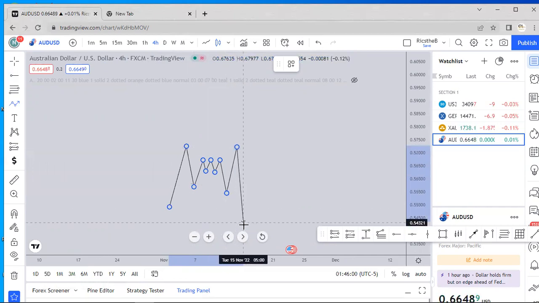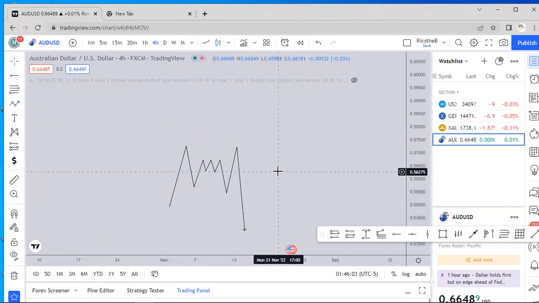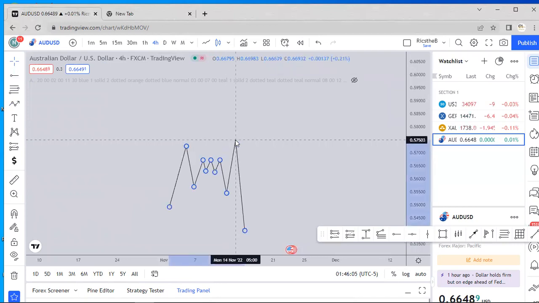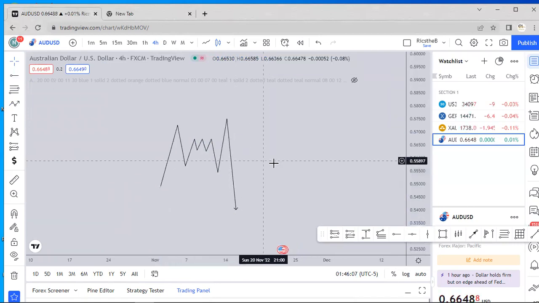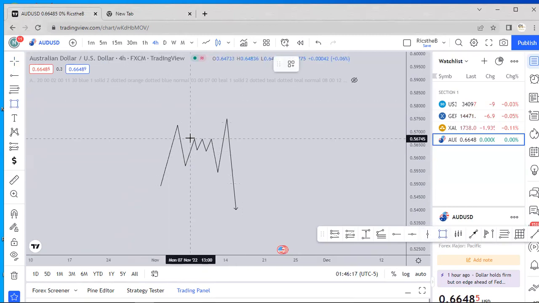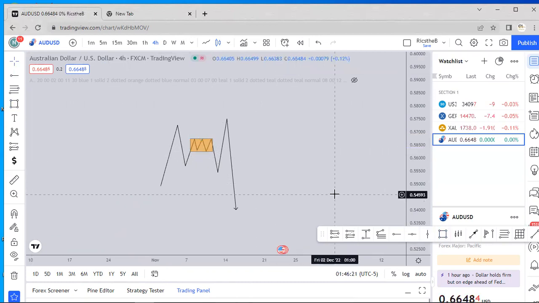Potentially you could see something like this. I don't know if I'm doing the diagram correctly, but this is what I want to bring home.